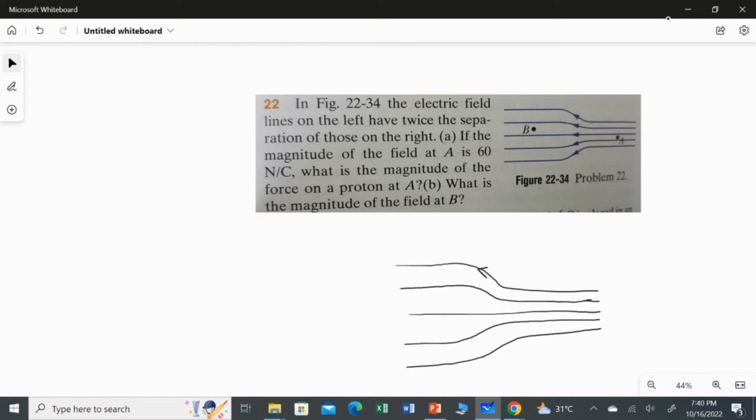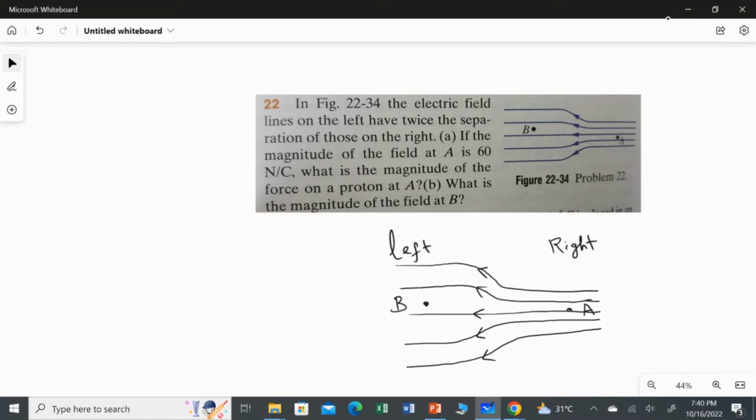Here all these arrows indicate the electrical field lines moving from the right side to the left side. So better I can write here, this is our right side and this is our left side. Here on the left side we have a point B, and on the right side we have a point A. Now what is given in the question?